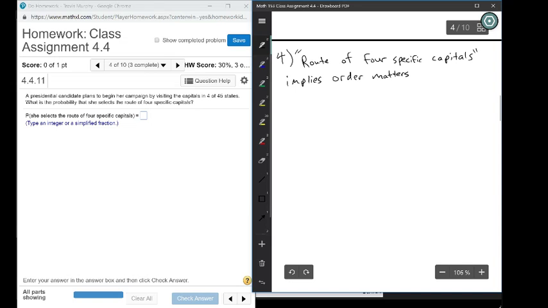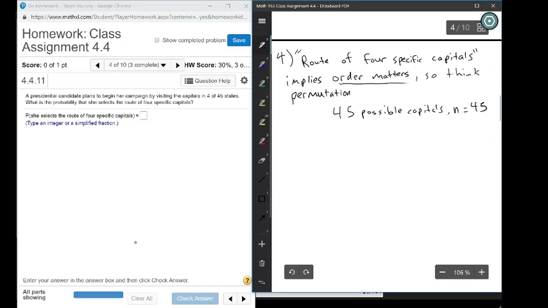Okay, so think permutation. Now we have 45 possible capitals, so n is equal to 45.